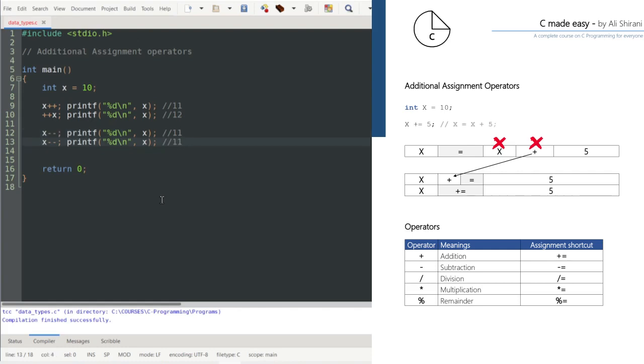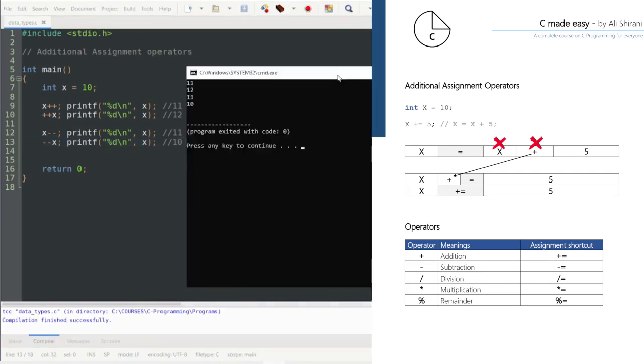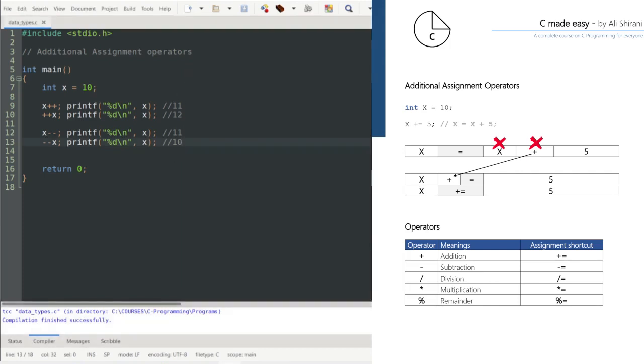We do the decrement again by prepending this operator, and it's going to be 10 again. The output, of course, is being shown on the right side, if you can see. Or we can compile and run it and see the output. 11, 12, 11, and 10. This is the output that we already have written here.